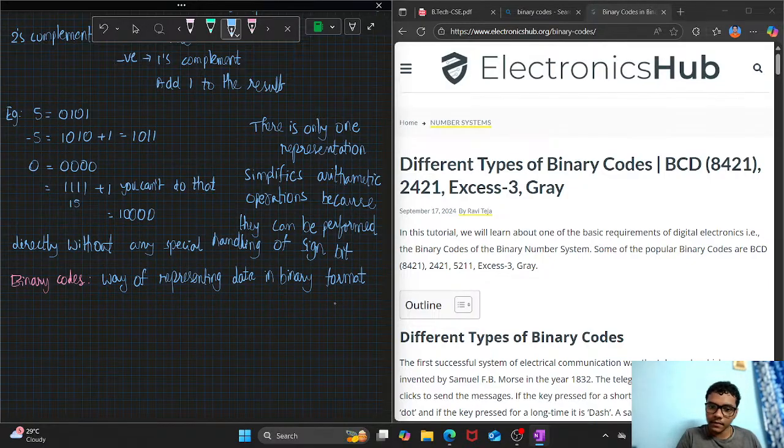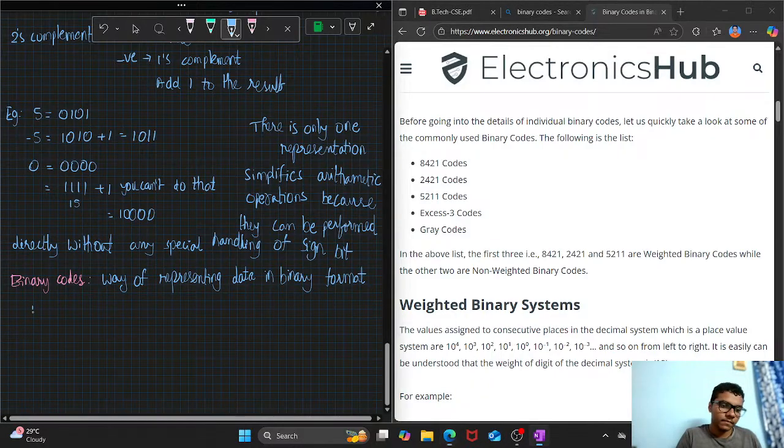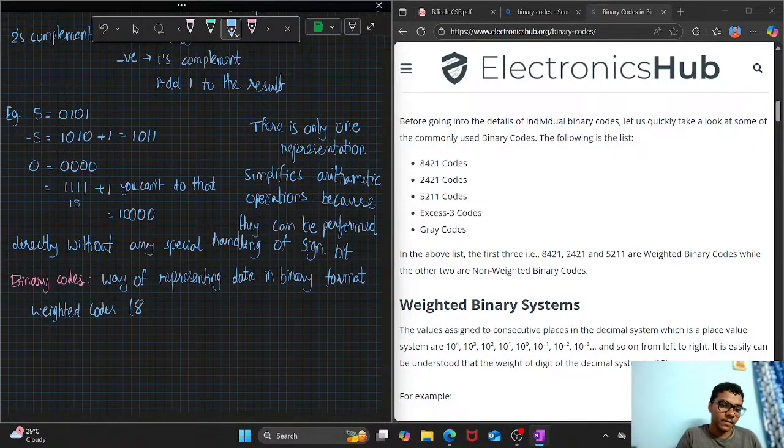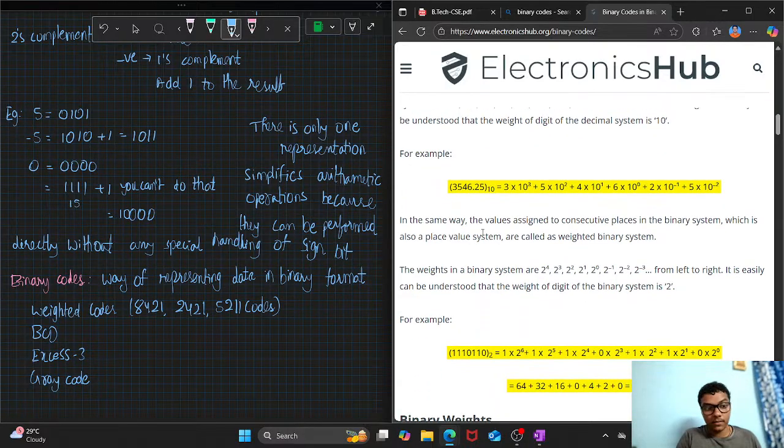So we got weighted codes, the common 8421, 2421 code, 5211 code, and we got BCD code, binary coded decimal, and we got XS3 code, and then we got gray code, and also we got error detecting and error correcting codes. We will look at them later, but now let's look at this.